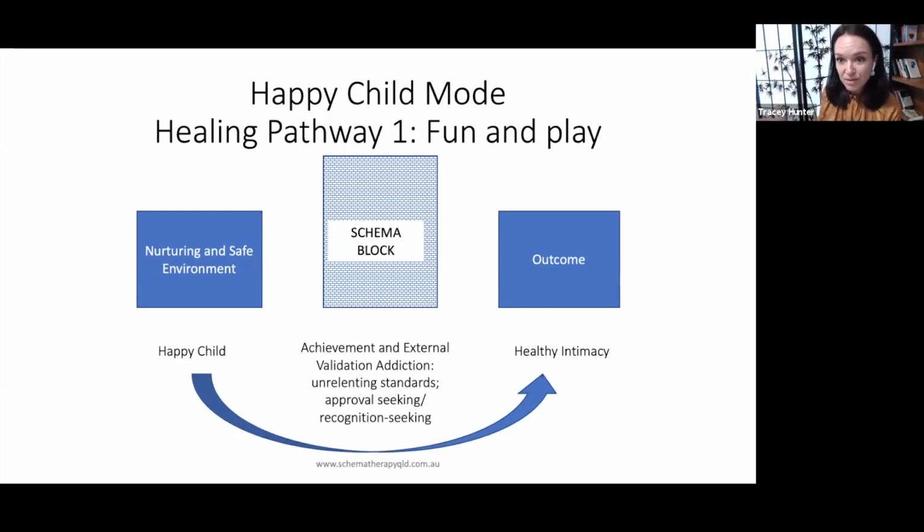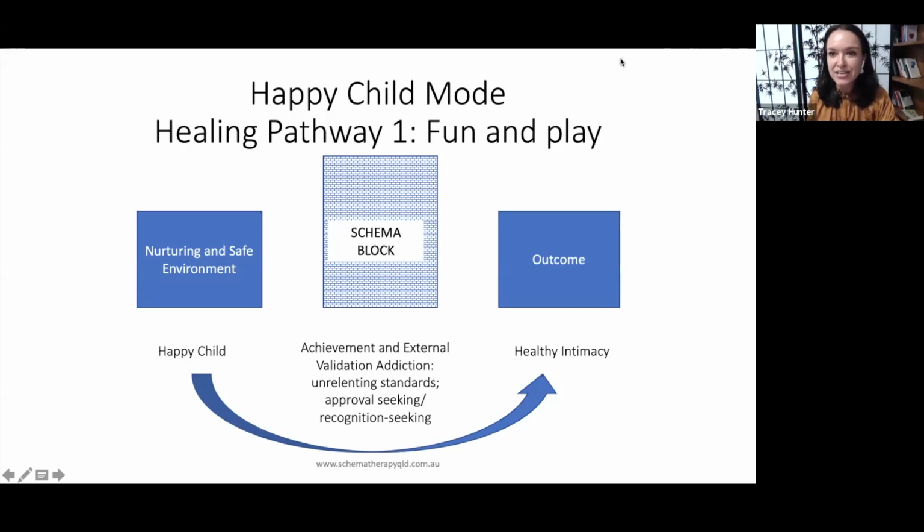What I'm talking about is this widespread disconnect that goes on through society, which is the result of many of us having grown up in environments where there's been unmet core emotional needs due to parents having unhealed schemas and traumas, so there's a passing on that goes on.